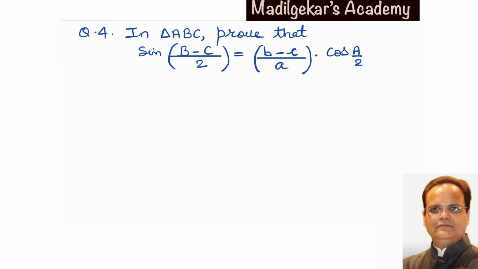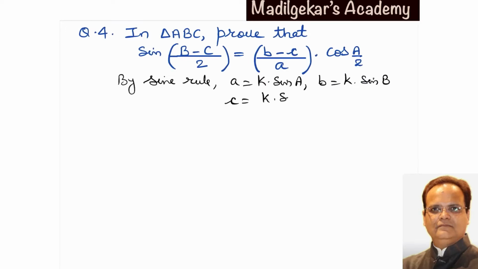Let's solve question number 4. In triangle ABC, prove that sine of (B minus C) by 2 equals (b minus c) upon a into cos of A by 2. Recall sine rule. By sine rule, we have a equals k sine A, b equals k sine B, and c equals k sine C. Consider RHS and substitute the values of a, b, c.